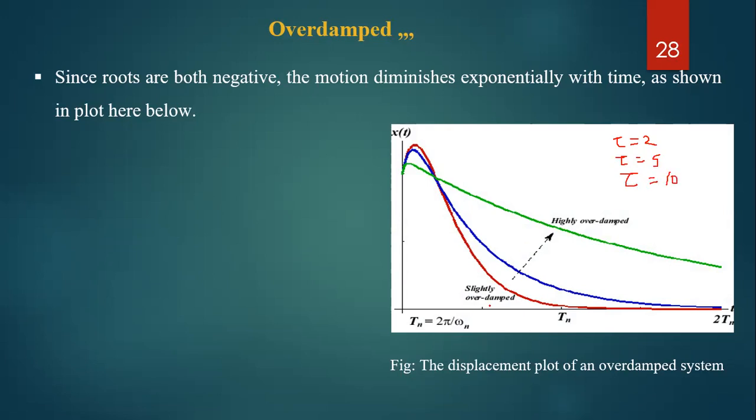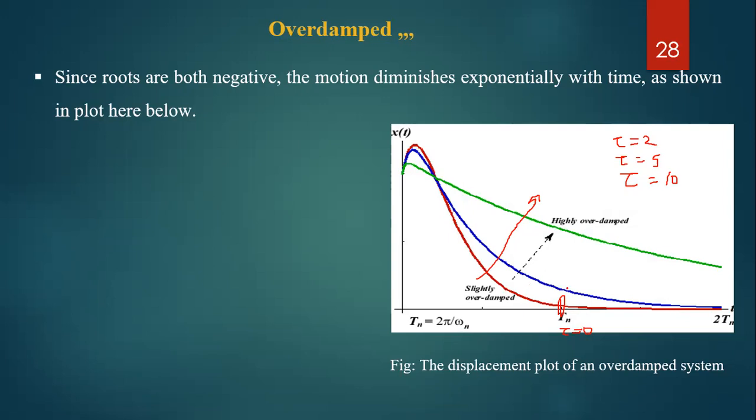So this time the graph goes like this. Here it immediately comes to the first natural frequency. For example, this is the case of zeta equal to 1. In the case of zeta equal to 1, it comes down immediately and goes to infinity.